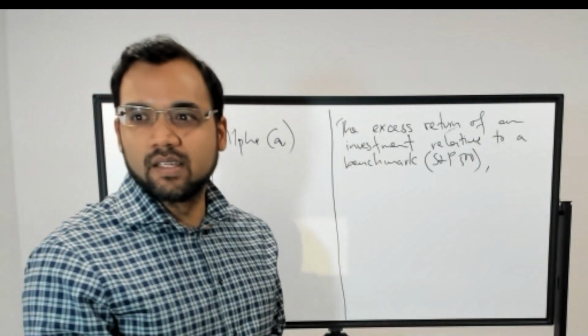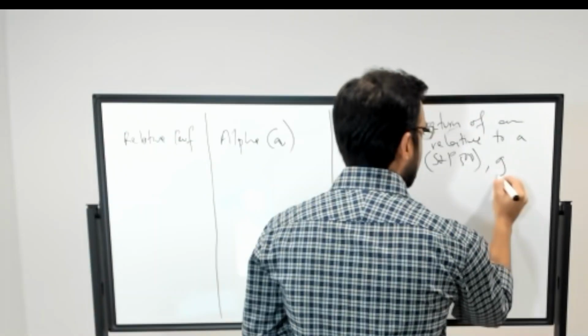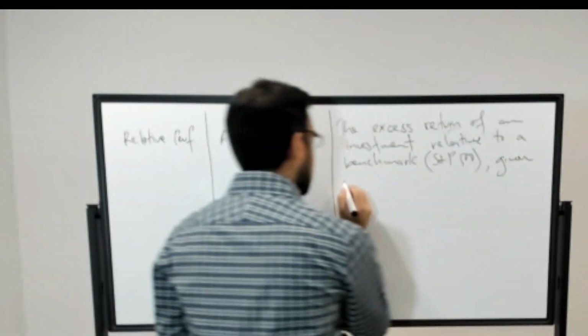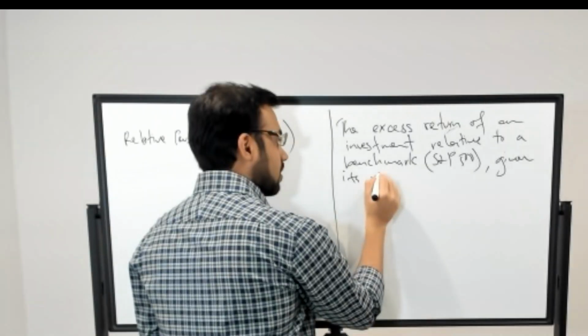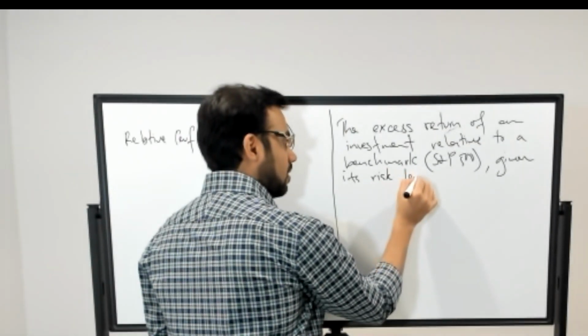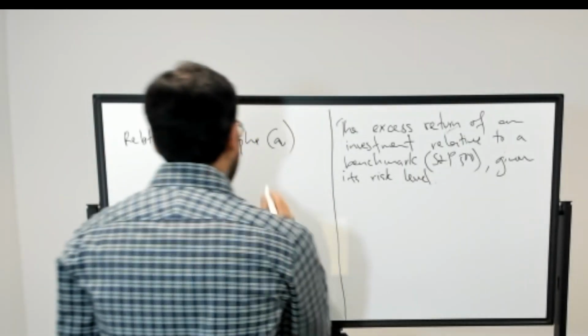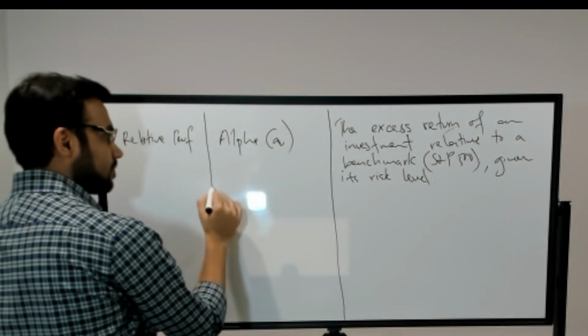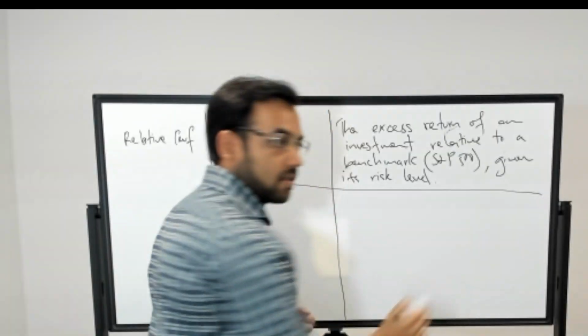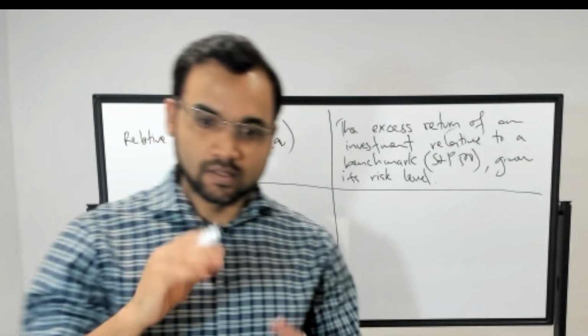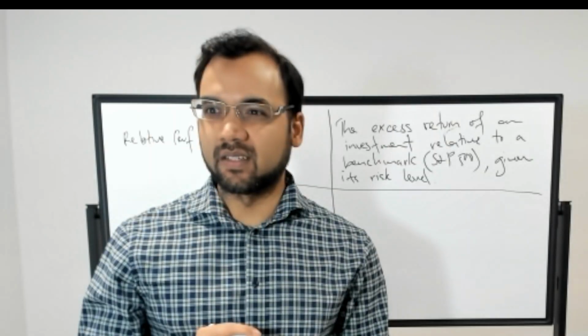Let's add in there given its risk level. That is alpha. It's basically the excess return relative to a benchmark.